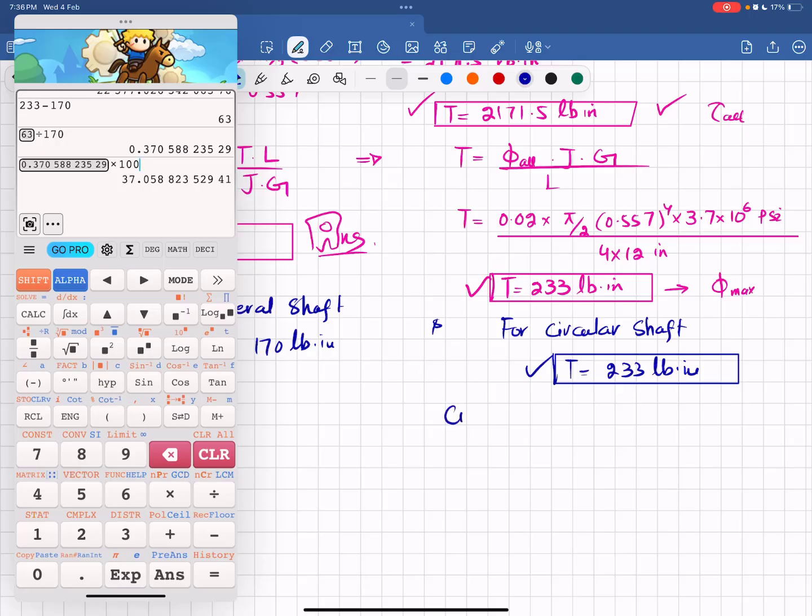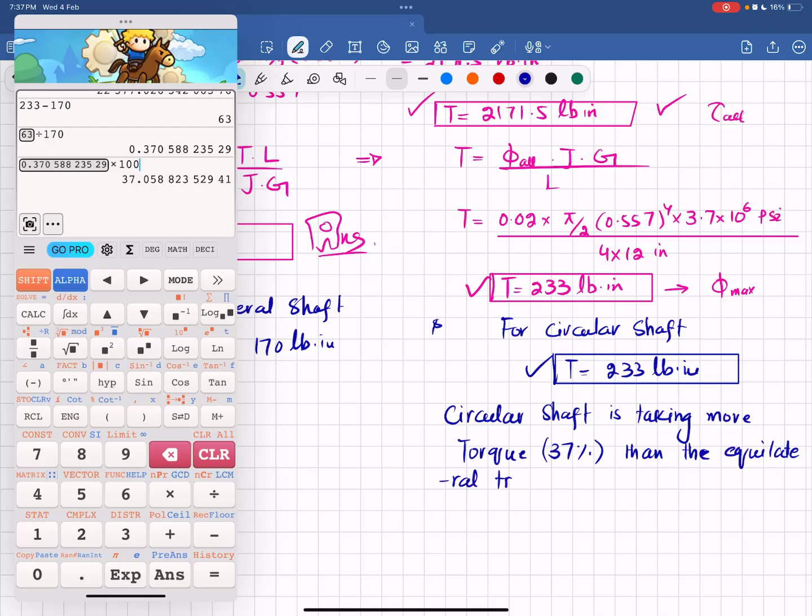So circular shaft is taking more torque, 37% more torque than the equilateral triangle shaft.